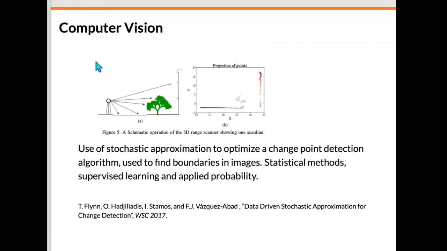All right, so this one is on computer vision. In this one, the computer needs to find what the boundaries are. What is a tree and what is a wall? Is this a floor or not? We were using the usual cameras that have the point, and then you figure out vectors.